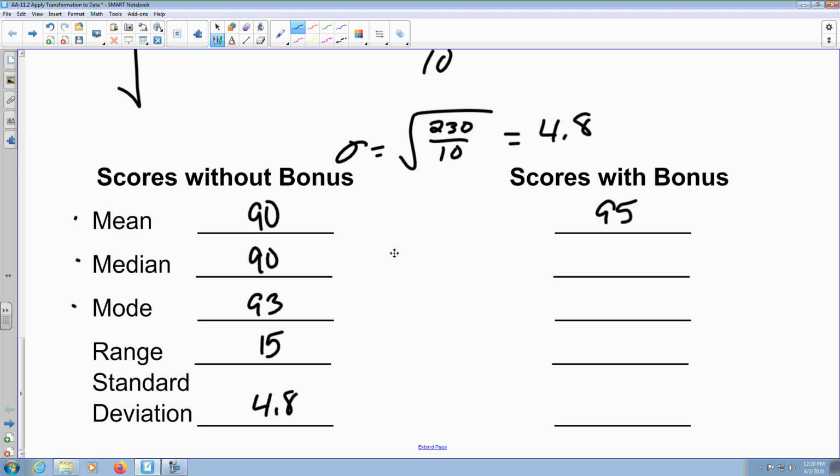My new median is also going to be 95. My new mode is going to be 98. But my range and standard deviation will not change. That'll stay at 15, and this is going to stay at 4.8. Okay.